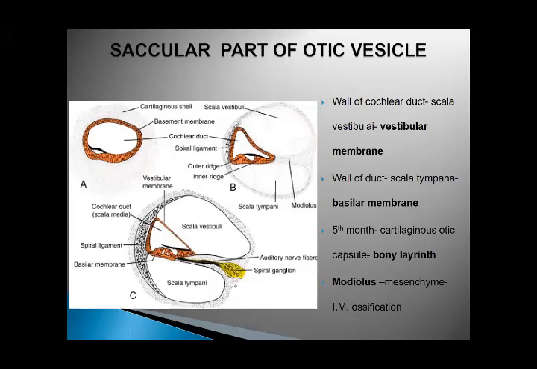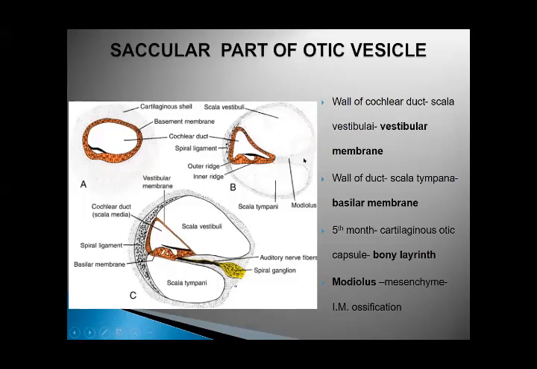That is the membranous labyrinth, और जो surrounding mesenchyme है, that first develops into a cartilaginous model, and then this cartilaginous model develops into this bony labyrinth.